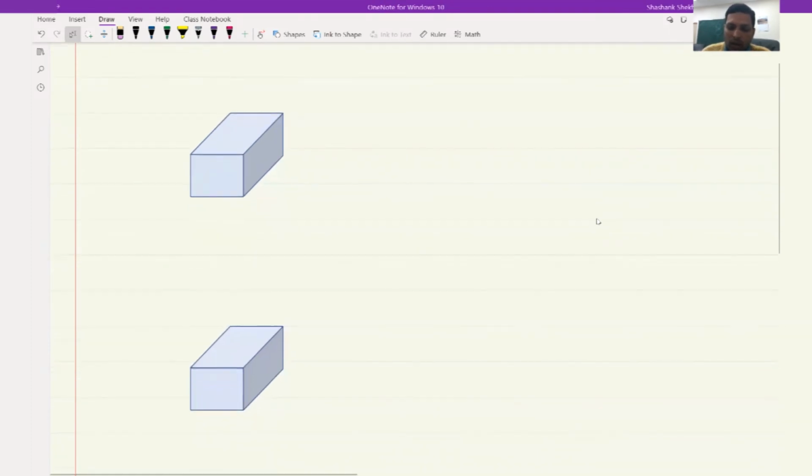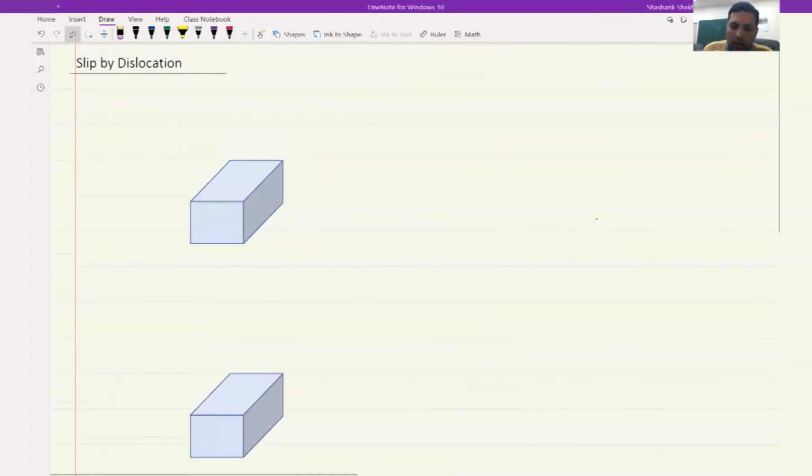So first, let's say we have an edge dislocation somewhere over here, and this is the extra half plane. And we are applying shear stress like this, and the Burgers vector happens to be like this.